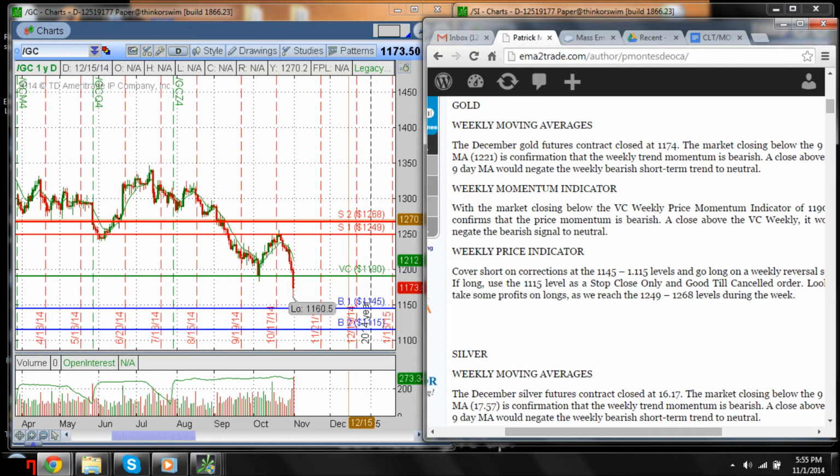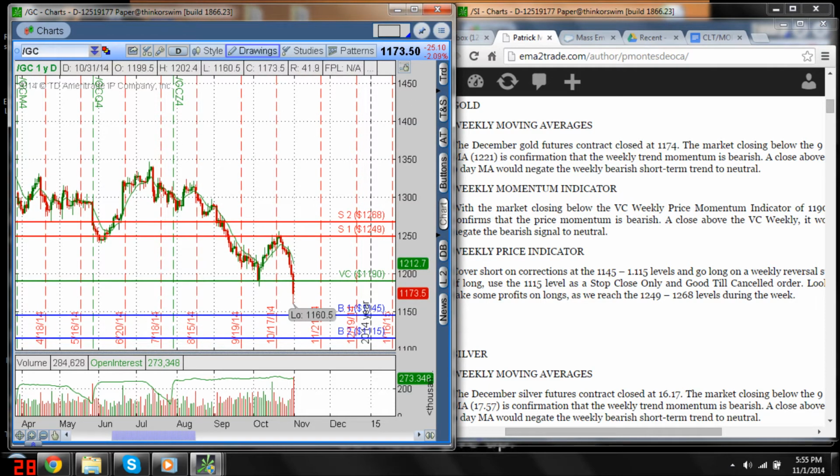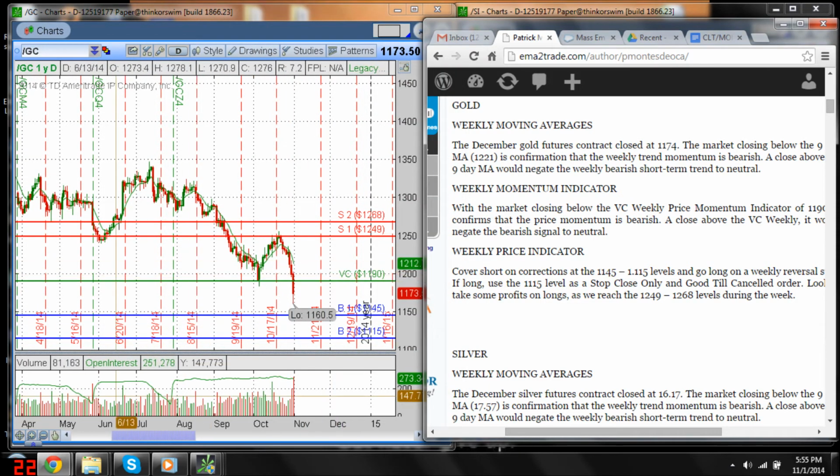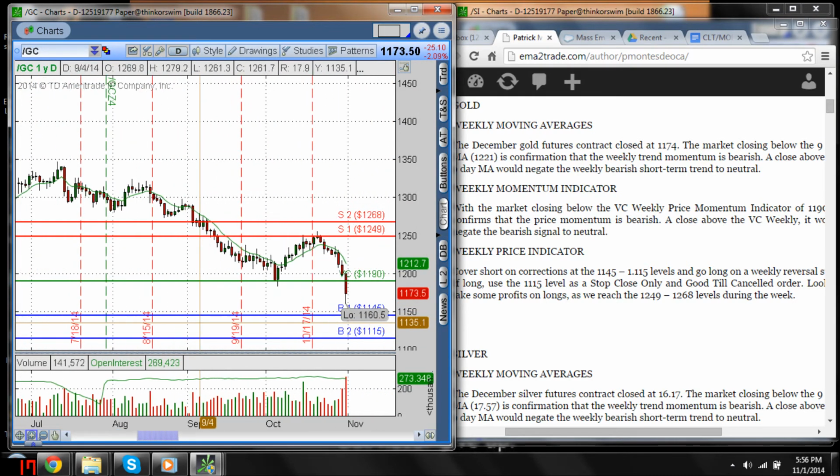These were the targets that essentially we accomplished last week, and we published this information here on the website October 24th.